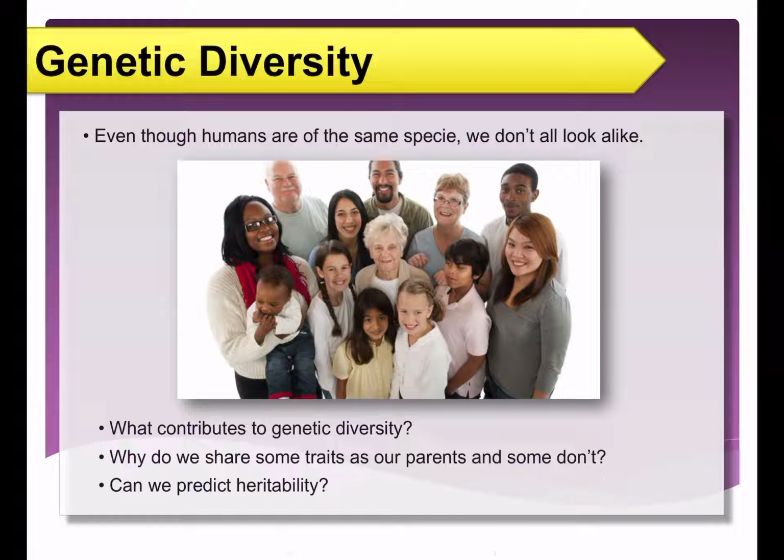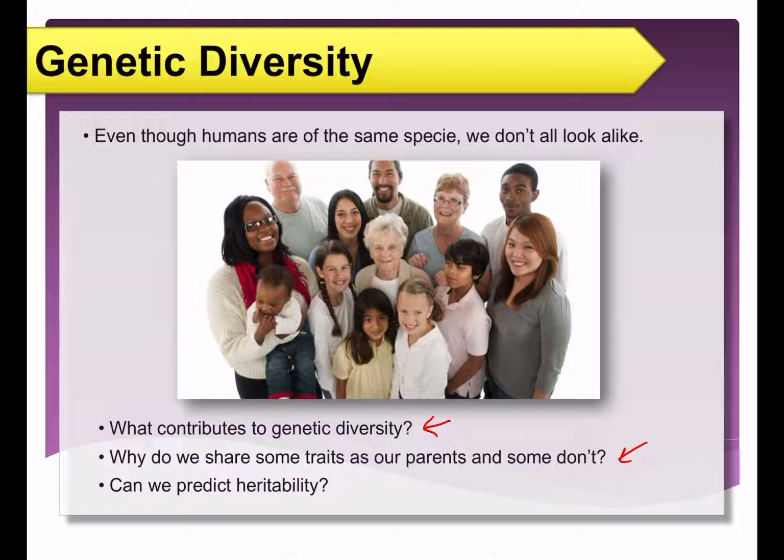So for these 2 chapters, chapter 11 and chapter 12, we will answer these 3 questions. What contributes to genetic diversity? What gives us that genetic variation between different individuals within the same species? Why do we share some traits with our parents and some we don't?